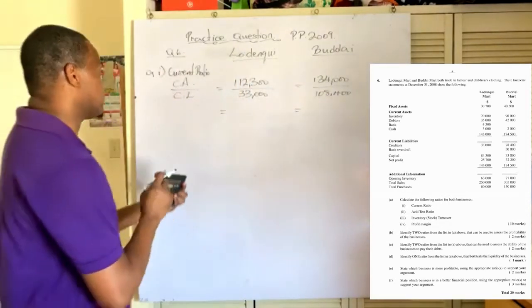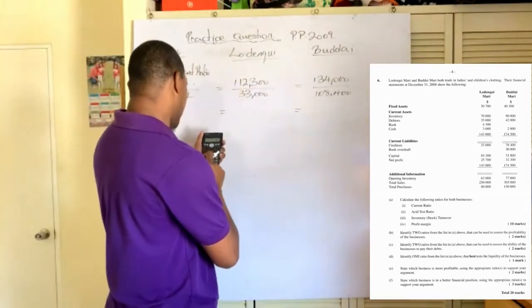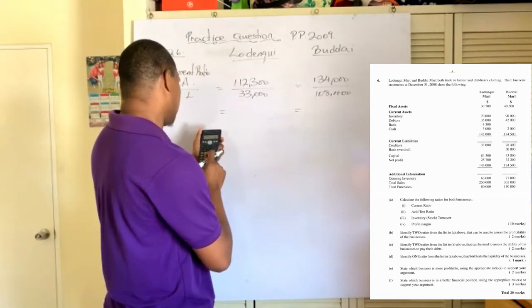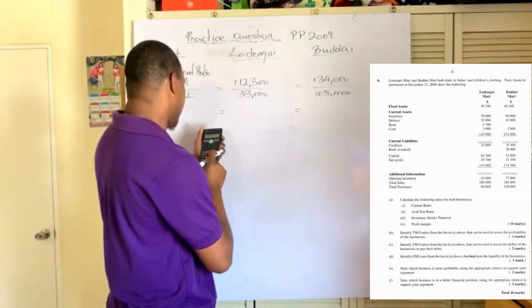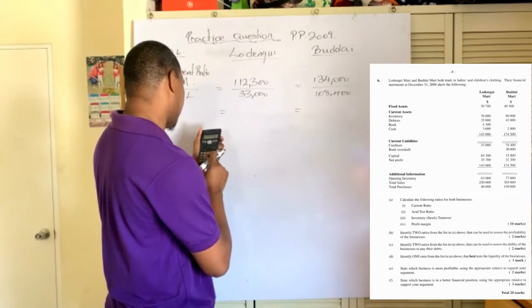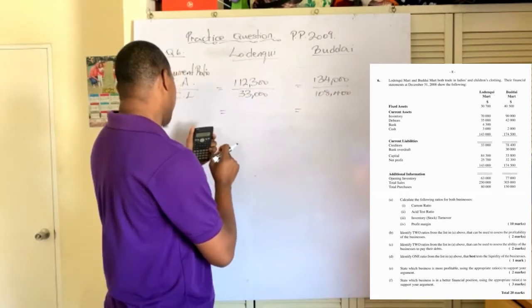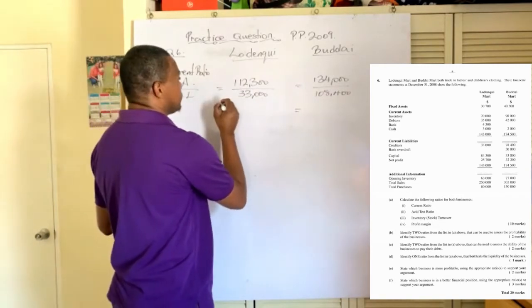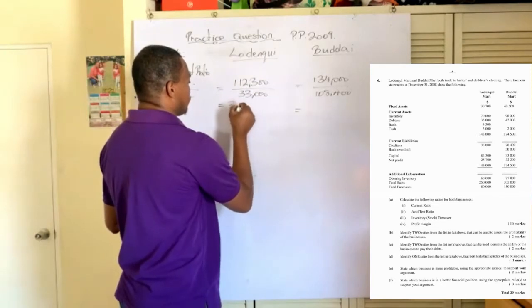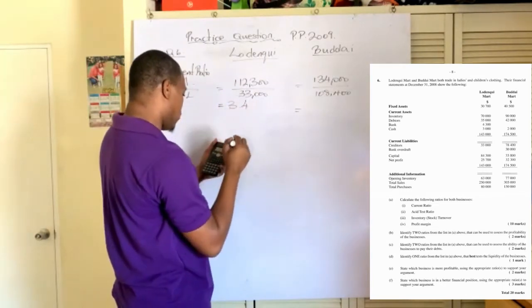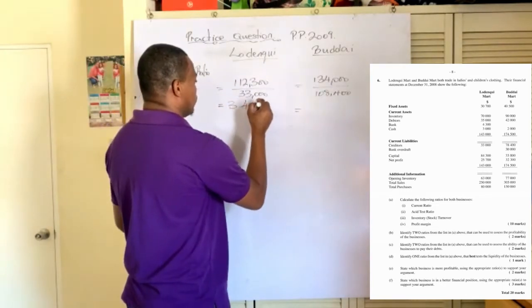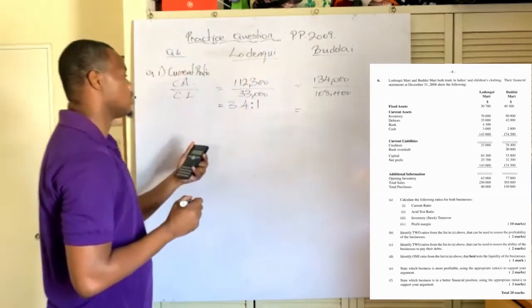It is 112,300 divided by 33,000, which equals 3.4. 3.4 to 1, that is how you write it.